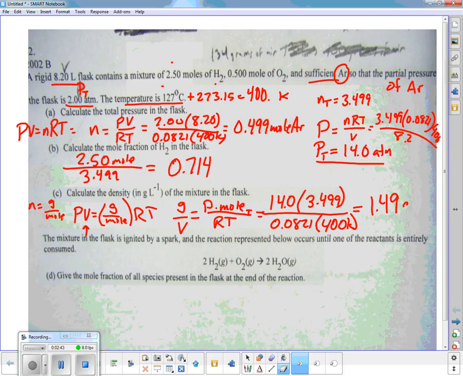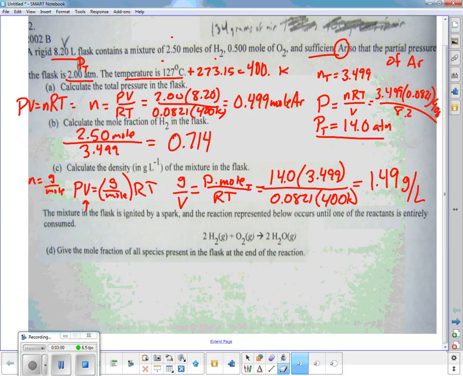Okay, and it would be grams per liter. So don't forget your units. Yeah, I use the cursive L just because capital L sometimes gets messed up with something else.